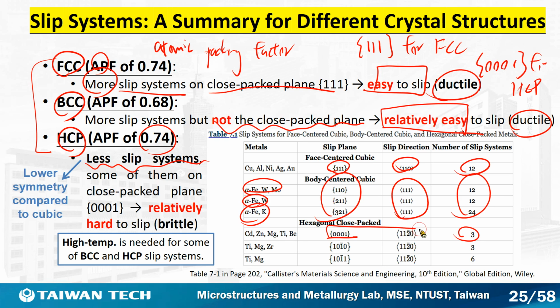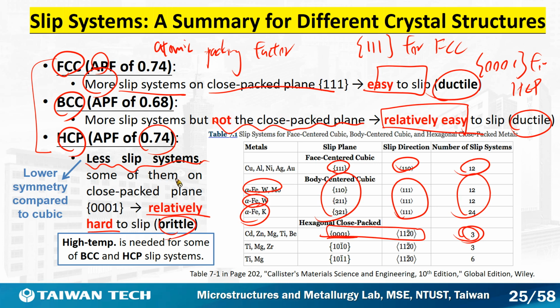Okay, so this one is effective, but it only has three. So it lacks effective slip systems. So it will make these HCP metals relatively hard to slip. So the material will become brittle.